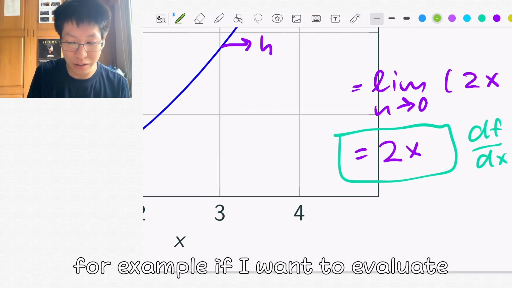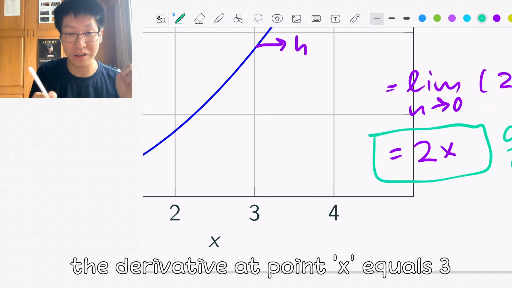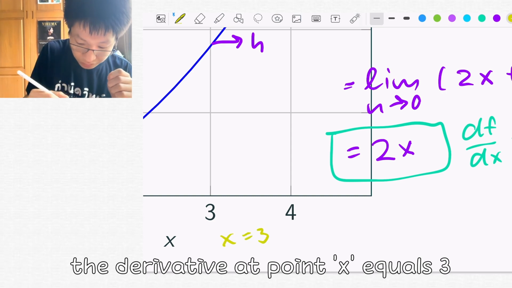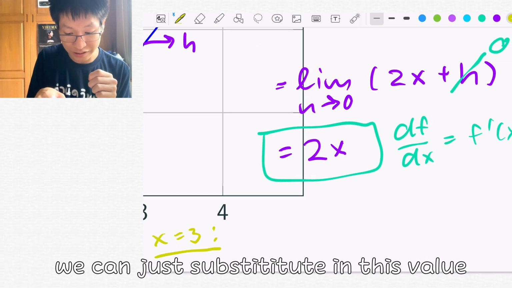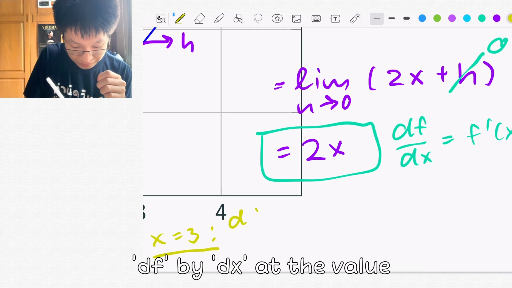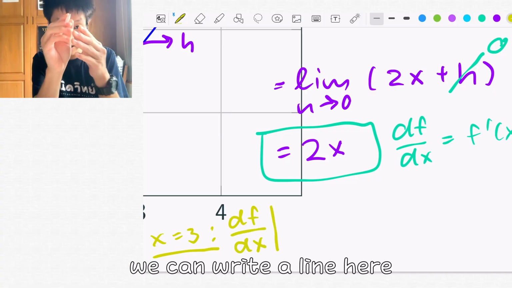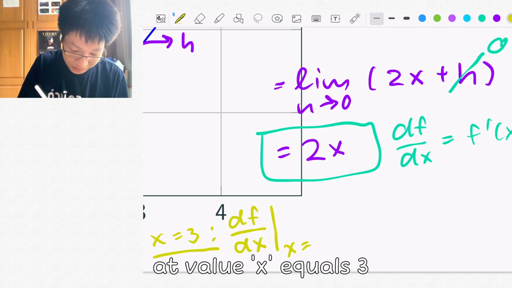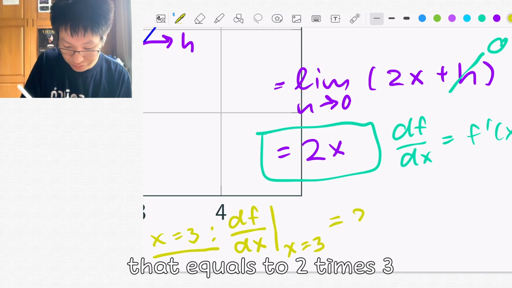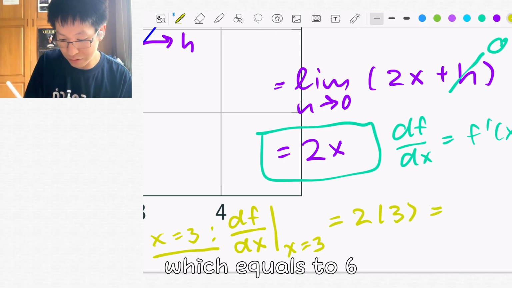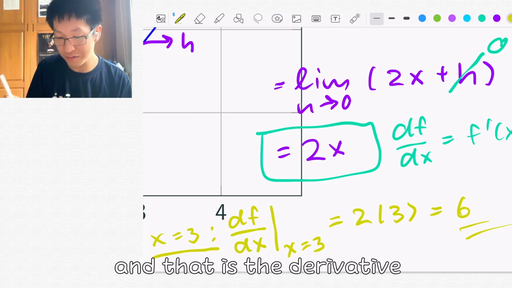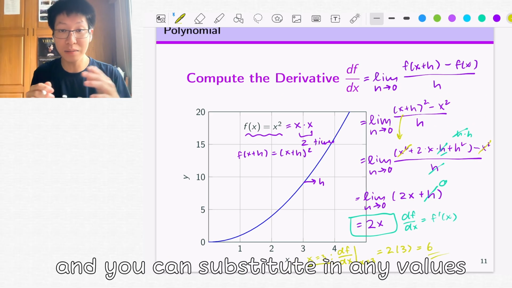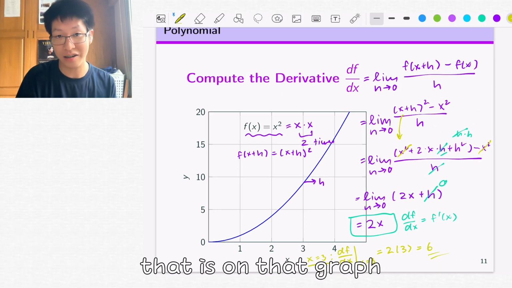For example, if I want to evaluate the derivative at x equals 3, we can just substitute in this value. So df by dx at x equals 3 equals 2 times 3, which equals 6. And that is the derivative at that position. You can substitute in any value that is on that graph.